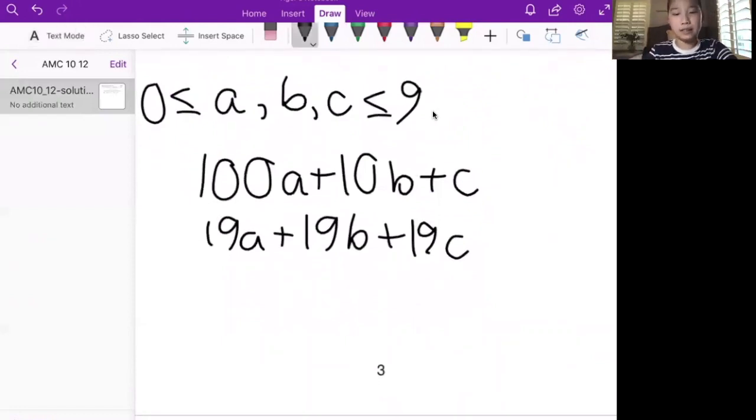Well, let's see. How about we do something like subtract? Like for example, let's subtract this equation from the top equation.